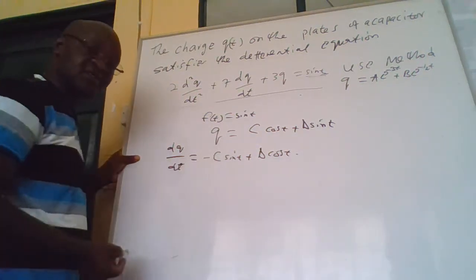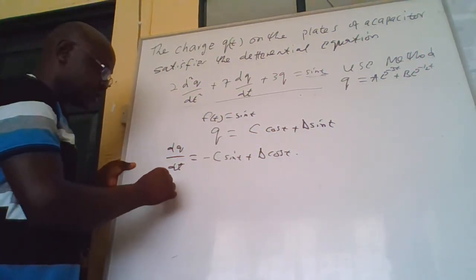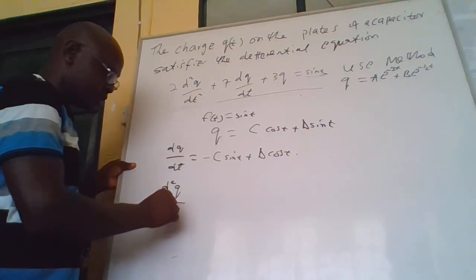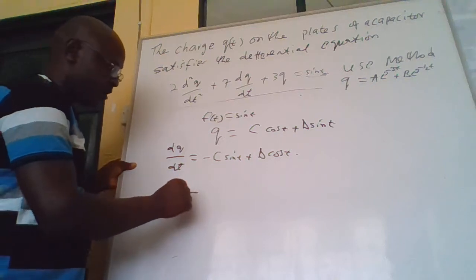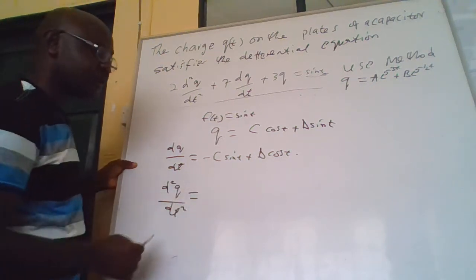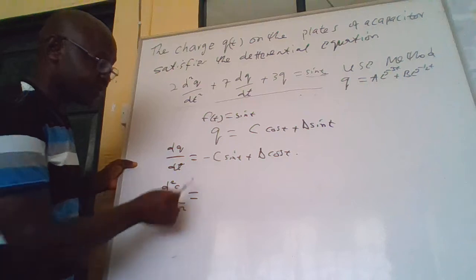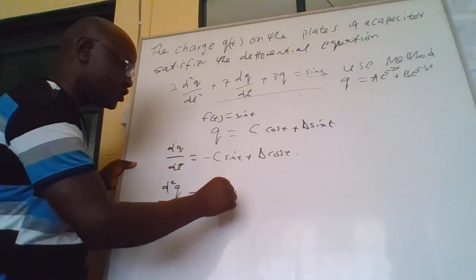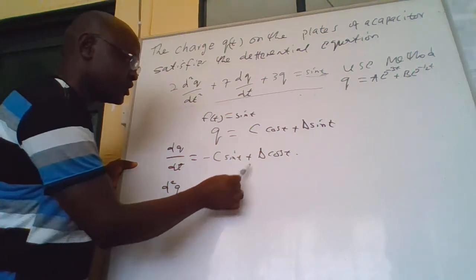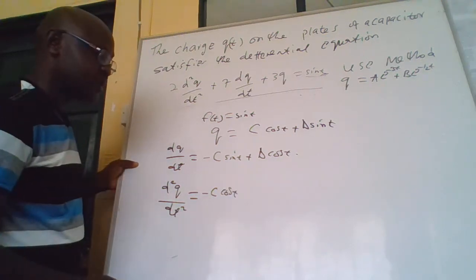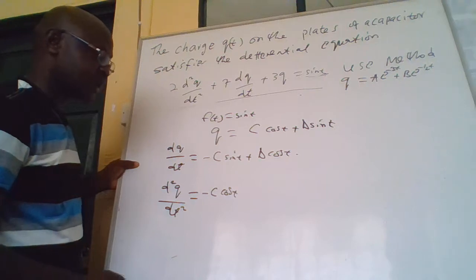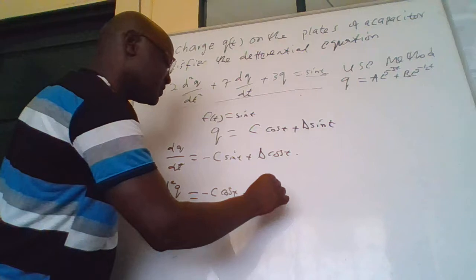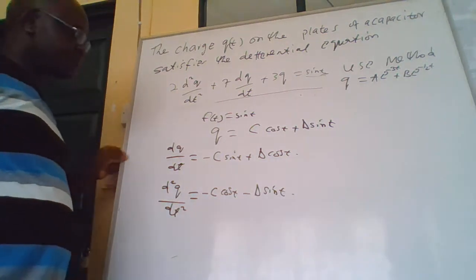Now we differentiate this equation again. So d²Q/dt² equals -C cos t, then when you differentiate cos t, you get negative sin t, so -D sin t.